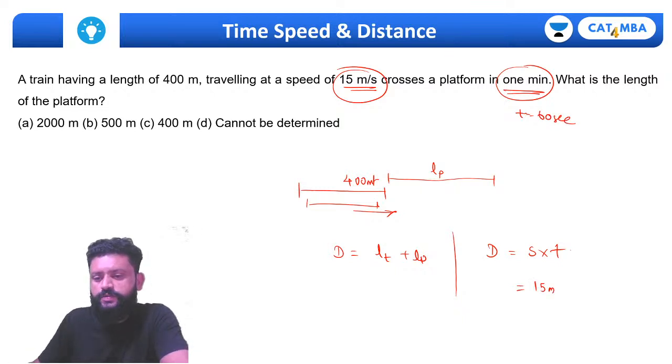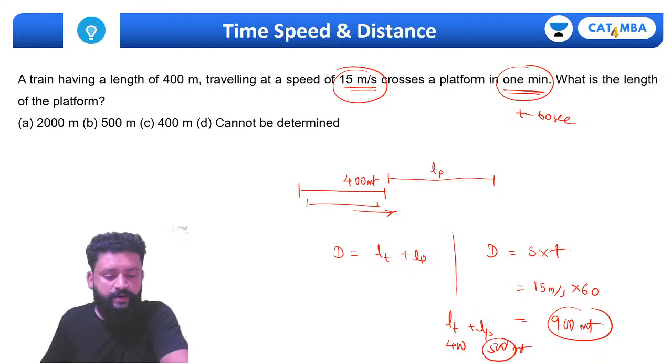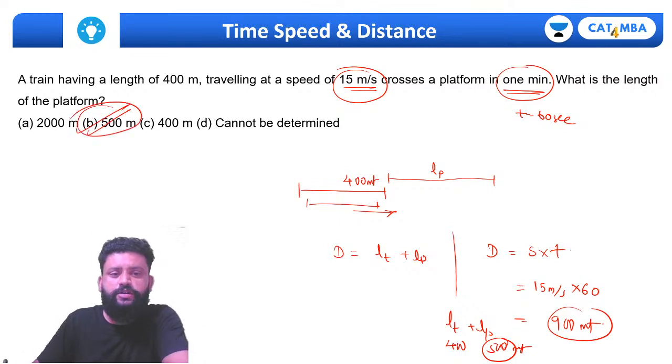So 15 meters per second into 60 has to be 900 meters. Out of which the length of train we know is 400 meters. So for sure the length of platform must be 500 meters. That's what we can conclude from here. That's answer option B.